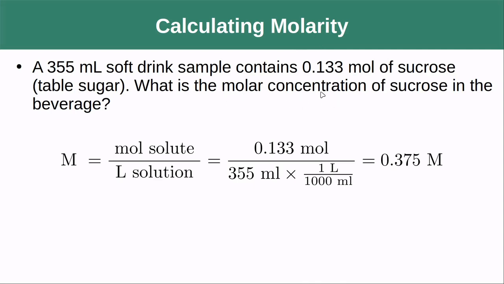Instead, I was asked for the molar concentration. So when you see language like that, you should be keying in that that's going to be molarity, and I need to have my moles per liter of solution. I plug in all my values, and I do this multiplication and then this division, and I would see that I get 0.375 molar sucrose in my soft drink.